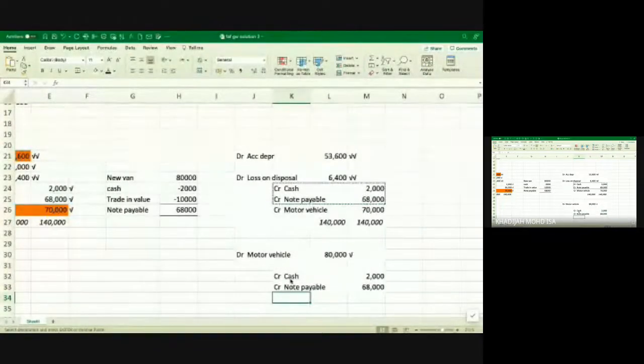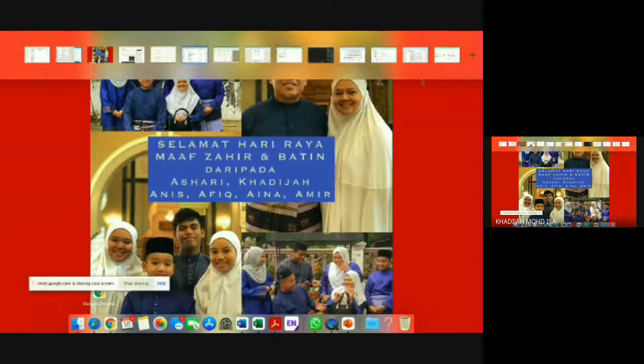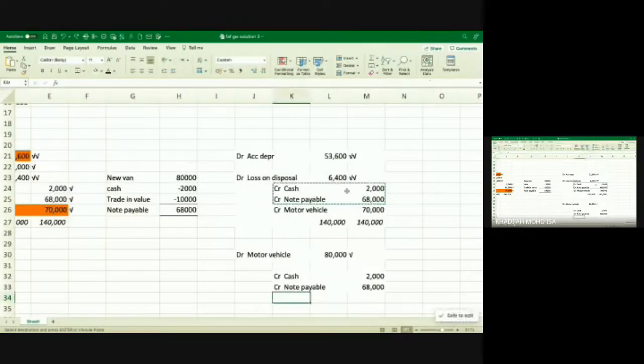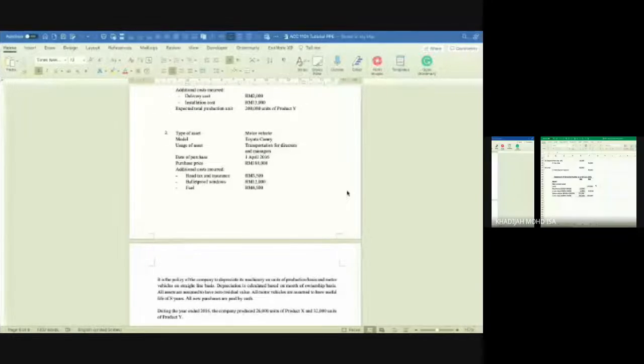And where do I put the trade-in, where is the debit trade-in? Where is it? Hold on.